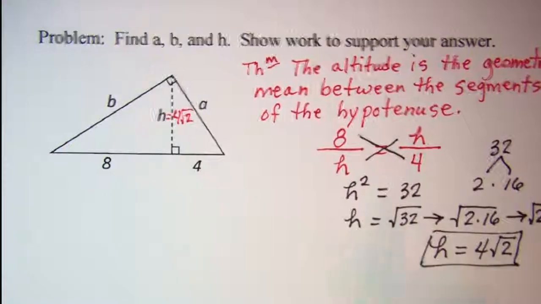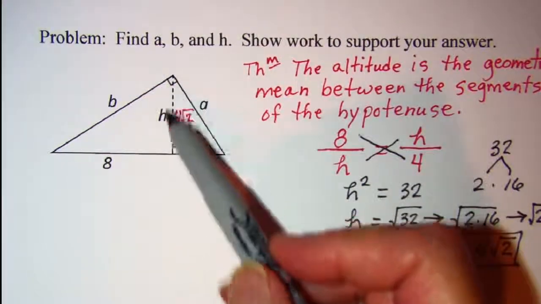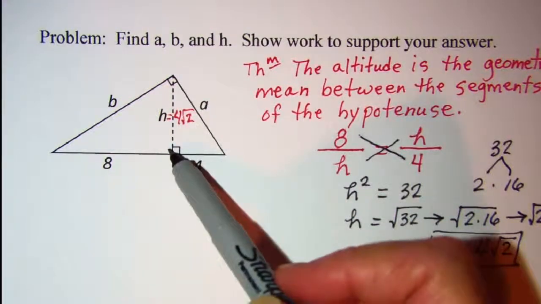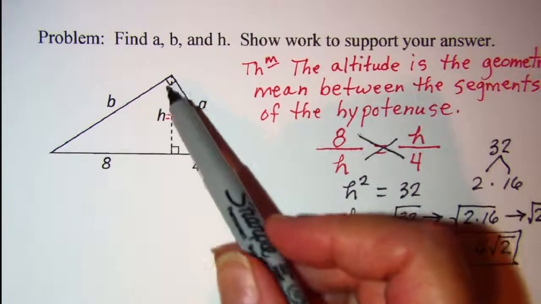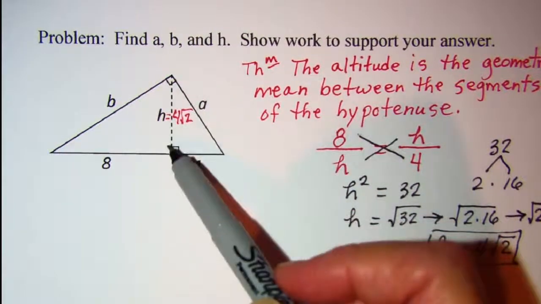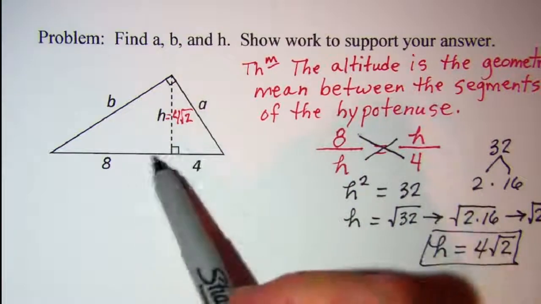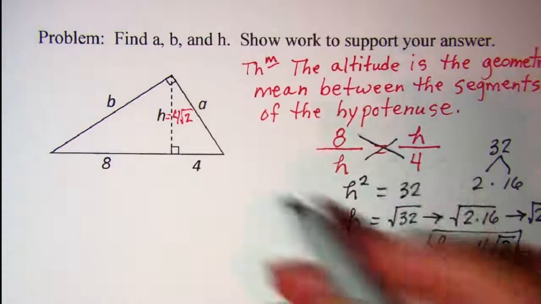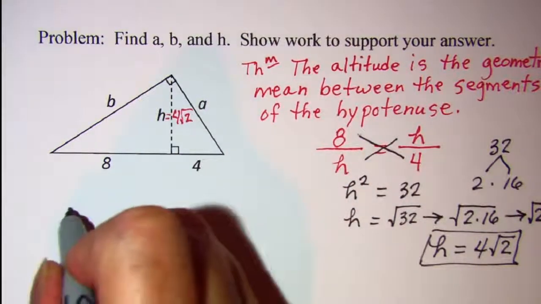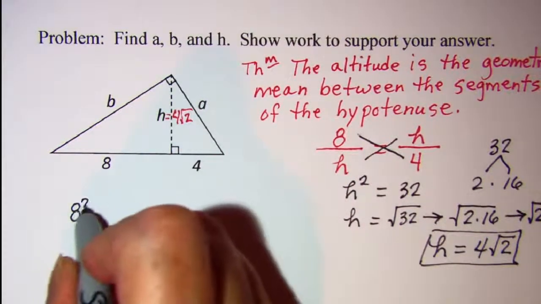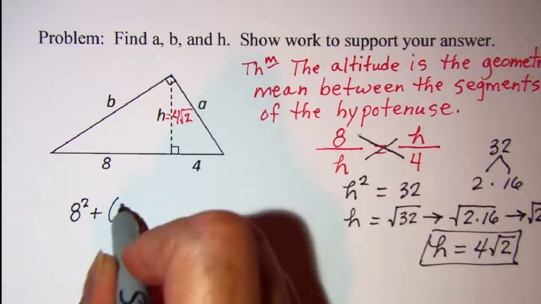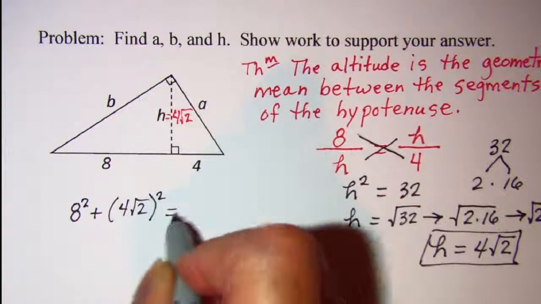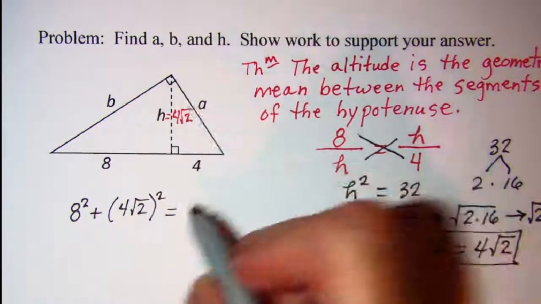Now to get our other sides, let's just look at the left side first. We know the leg here is 4 root 2, and we know this leg is 8. So we'll set up a Pythagorean theorem. The sum of the squares of the two legs is equal to the hypotenuse squared.